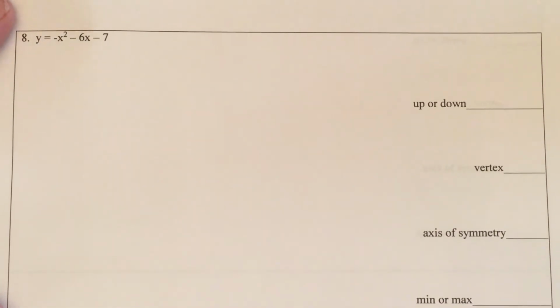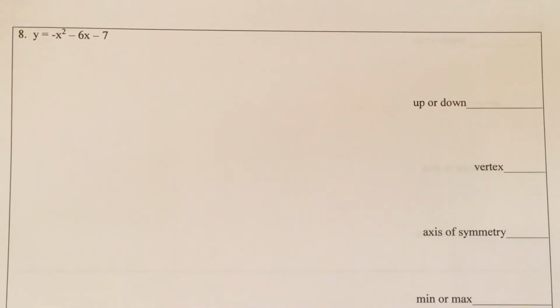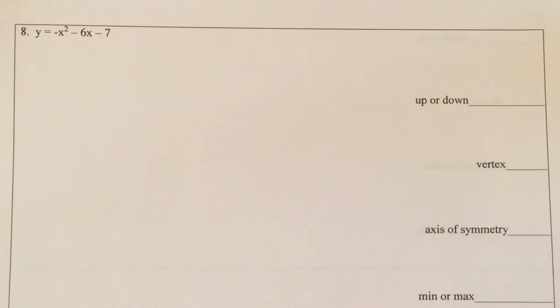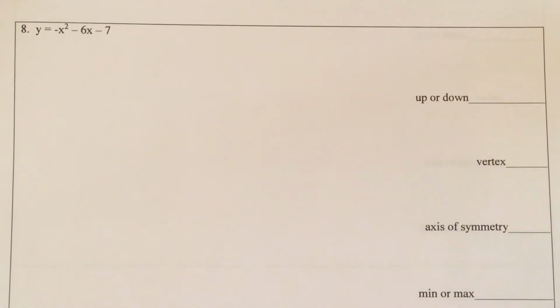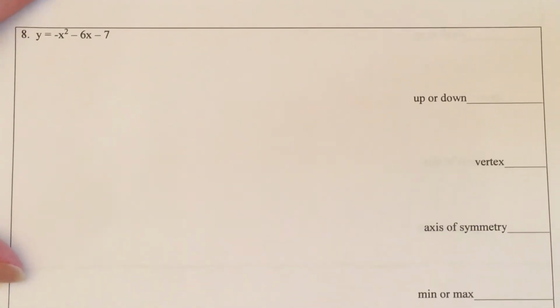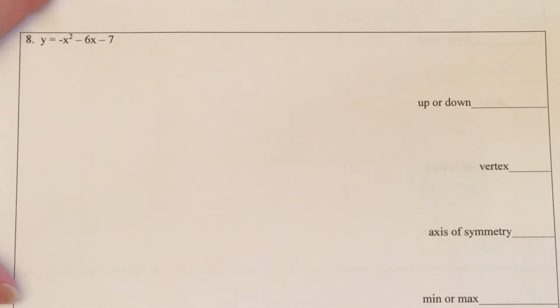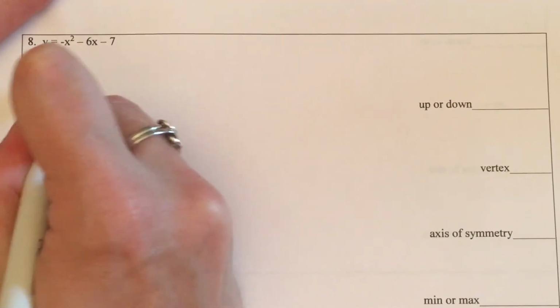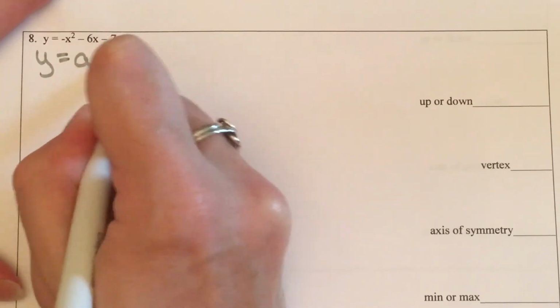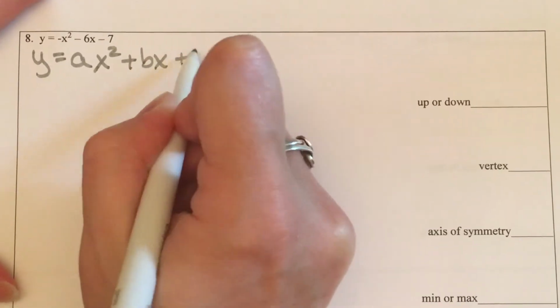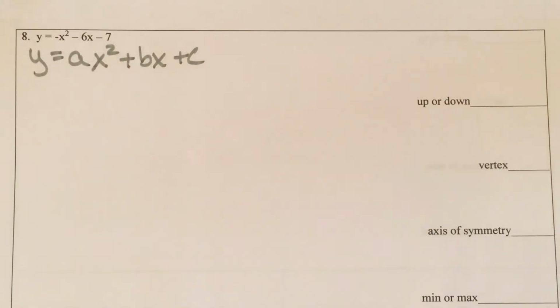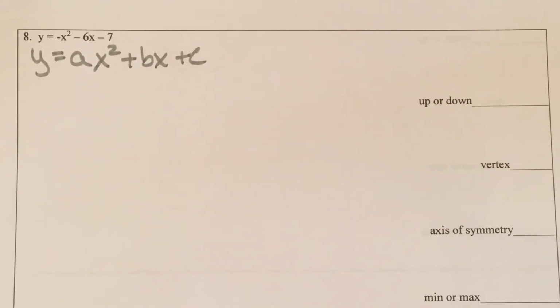Let's go look at number 8 together. All right, in problem number 8, we're going to start this off the exact same way that we started off number 7. They again gave us an equation to work with. So let's see what we need to do. We know that the standard form of an equation is y equals ax squared plus bx plus c.